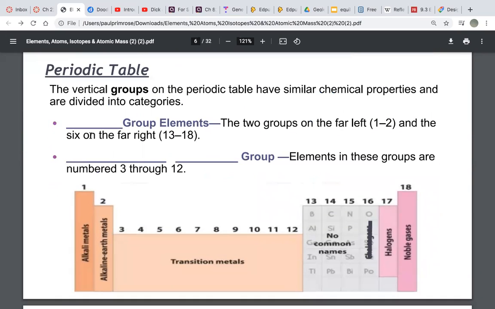All right, so we said main group elements are these columns, first two and the last six. They're called group 1A, 2A, 3A, whatever. These are given numbers, but typically if you look at the top of your periodic table, you'll see 7A, 6A, 5A, 4A.